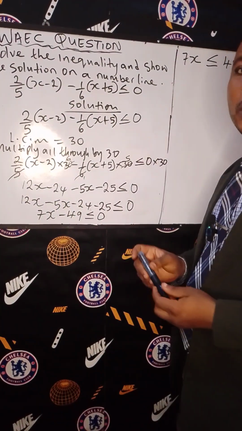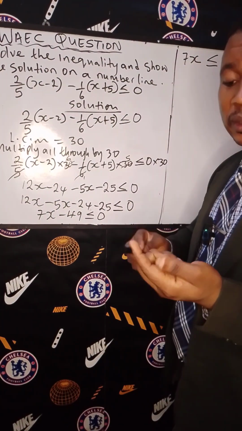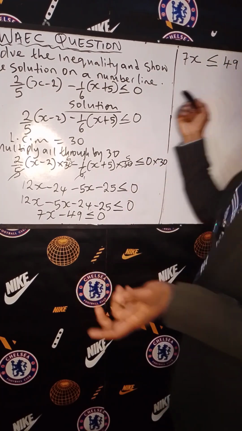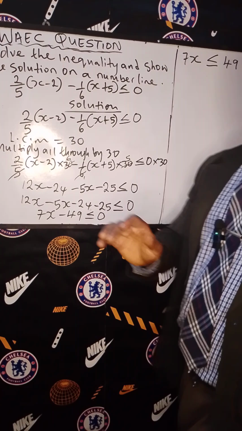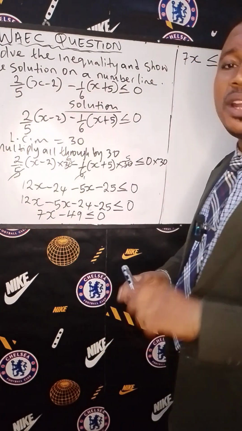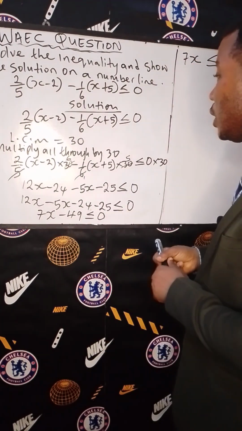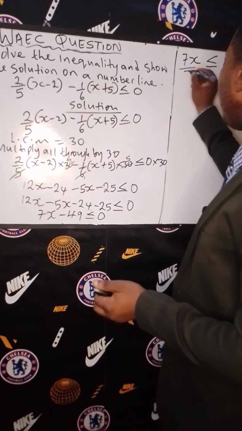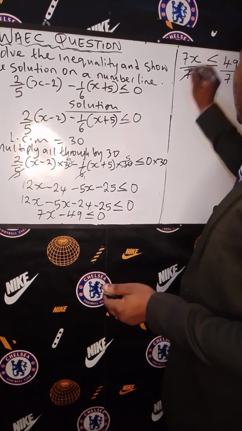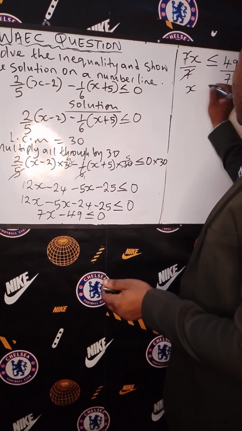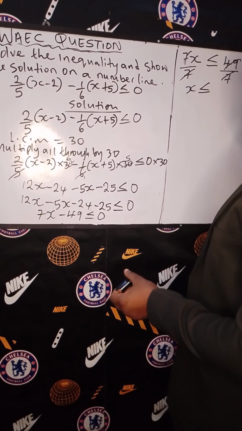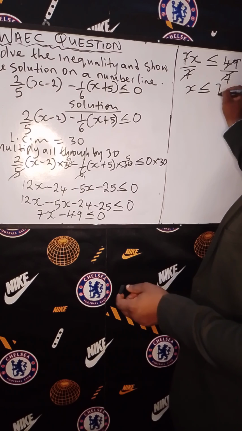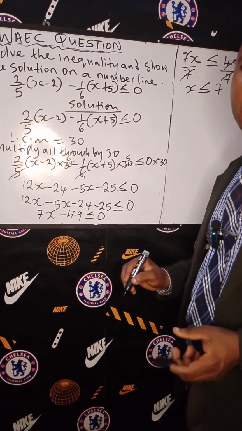Students sometimes get confused when they see this, but it's the same as if I say equal to. So the next thing we do is divide both sides by the coefficient of that letter, which is 7. The 7 over 7 will cancel out. x is less than or equal to 7, because 49 divided by 7 is 7.